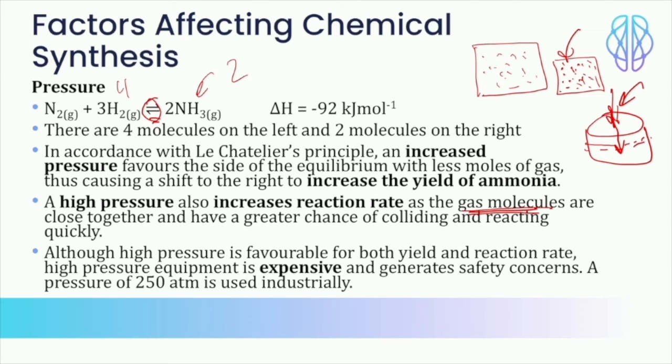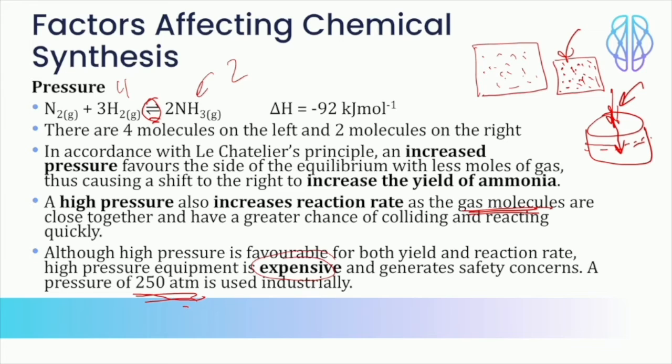Also, it's dangerous. If you have really high pressure and things reacting at high temperatures as well, the chances of an explosion are really high. In an industrial setting, they found that a pressure of 250 atmospheres gives you an optimal increase in pressure that will increase both the reaction rate and the yield without the detrimental impacts of it being expensive as well as dangerous.